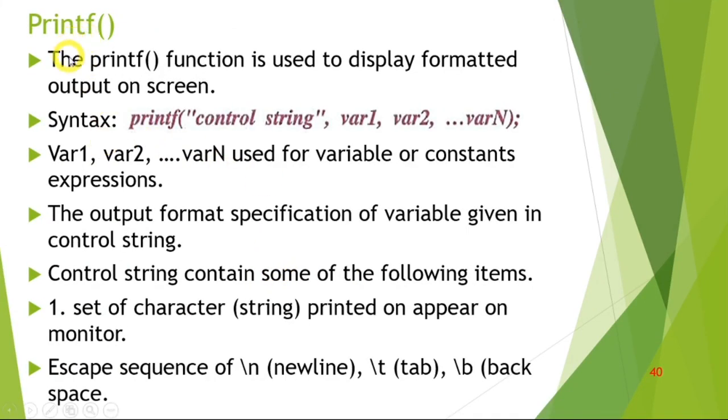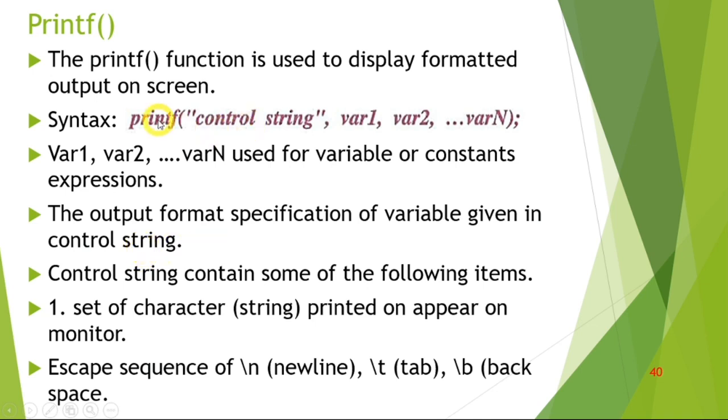Now the printf function is used to display formatted output on the screen, right? Now the syntax for printf is the control string, then each and every variable written in the syntax. Variable 1, 2 and n are used for variables or constant expressions. Variables and constants both can be used as expressions. The output format specification of the variable is given in the control string.